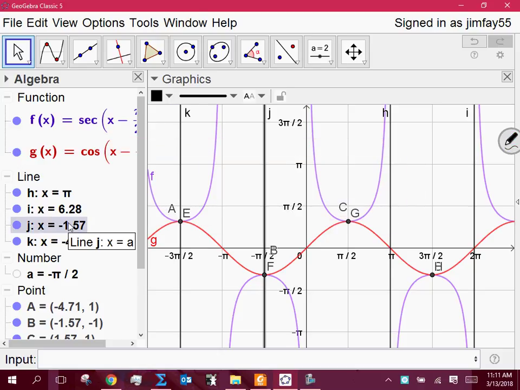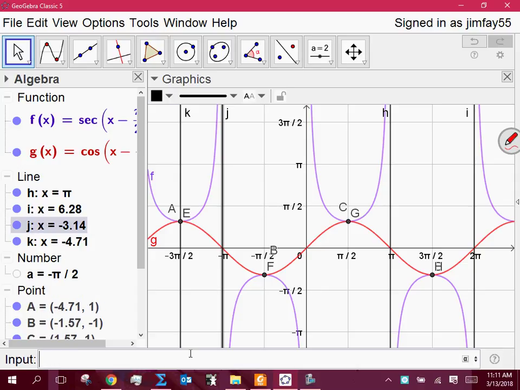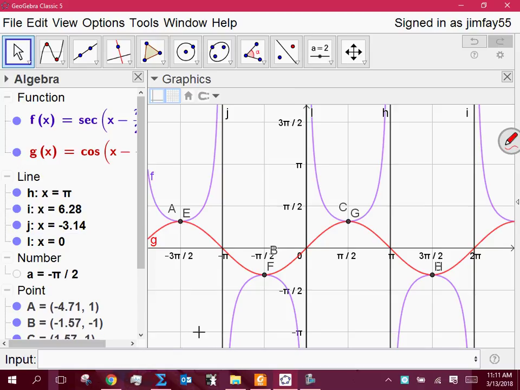Move this one over to pi. We'll have x equals negative pi, and one at x equals 0. But we start getting that curve, right? Well, what is the red curve?